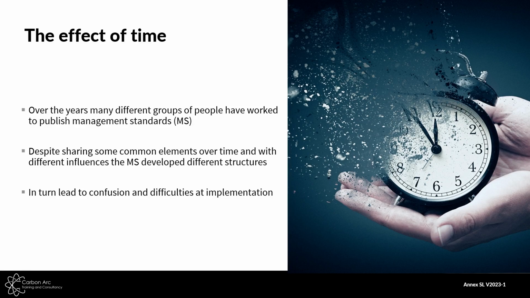So if we go back in a bit of time, what we've had is many different management system standards being produced. These are generally controlled by different groups of people. So you've got quality, health and safety, environment, who then put on their own flavour to wording, definitions and the like, so that when we come to try and map management systems together, let's say in an integrated management system.